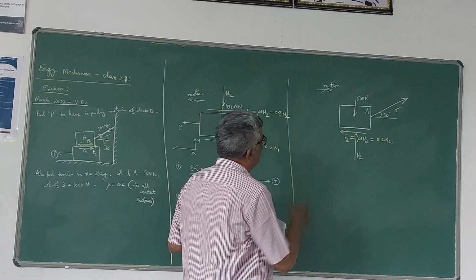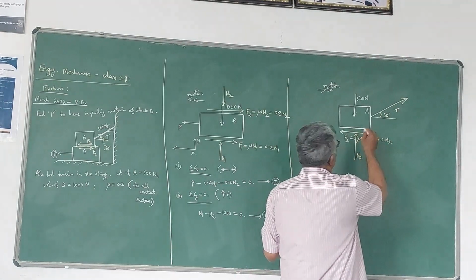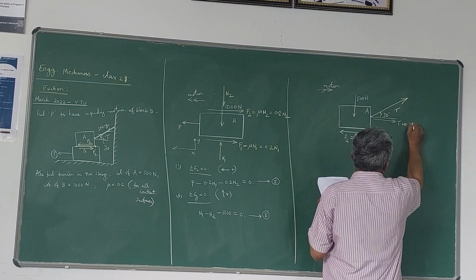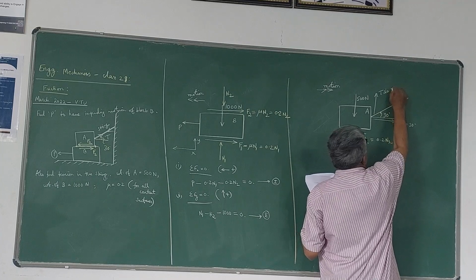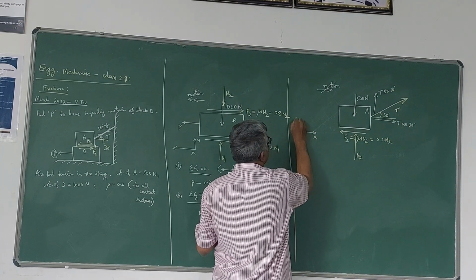Now for this we have to apply the equilibrium equations. Before that I will just resolve this. This becomes T cos 30 and this becomes T sin 30. And the x-axis, as already told, is along the direction of motion, and I have taken the y-axis perpendicular to that.